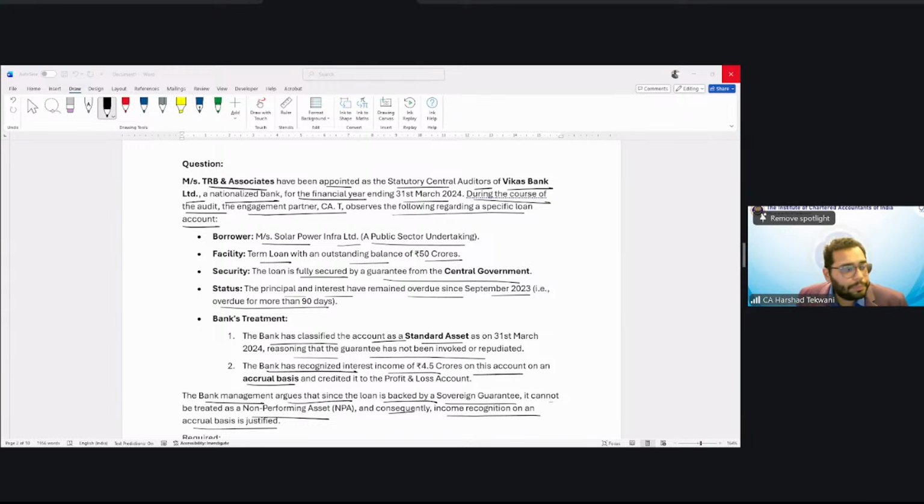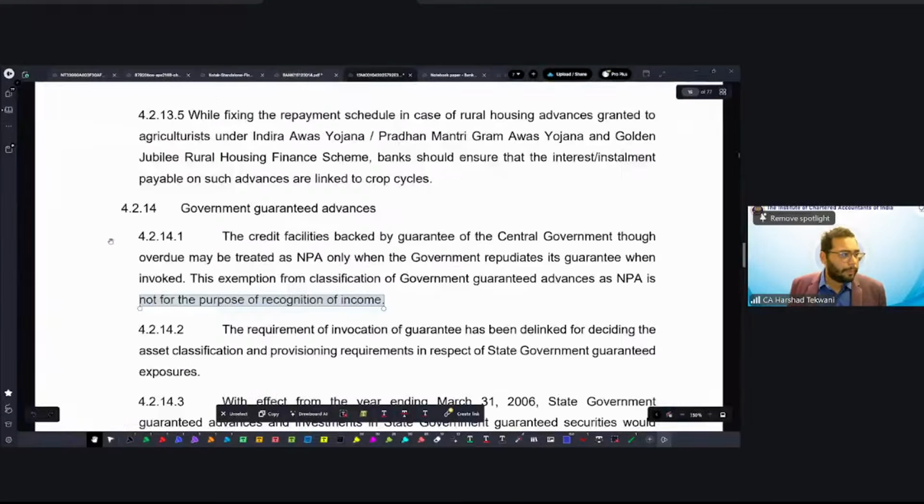Okay. Now I will take you to one specific point as a part of the prudential regulations. We have discussed this with an example. Remember this point, we also discussed with an example.